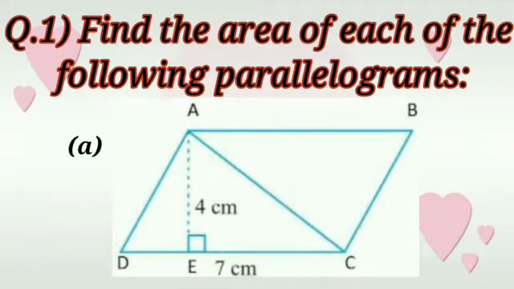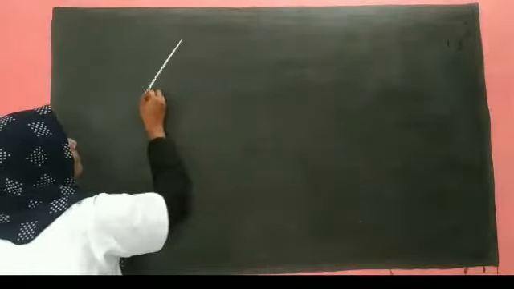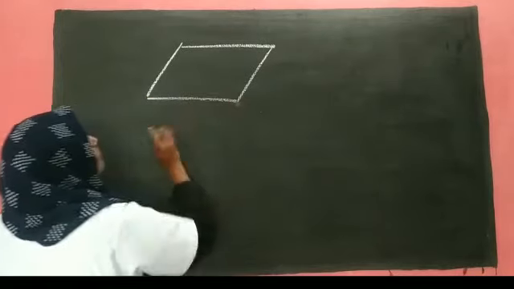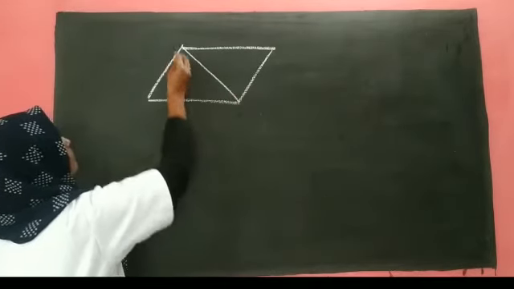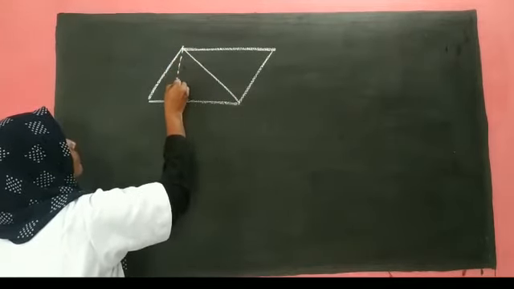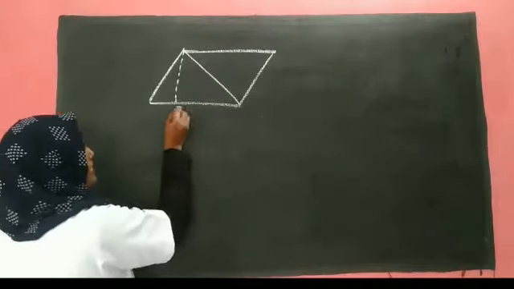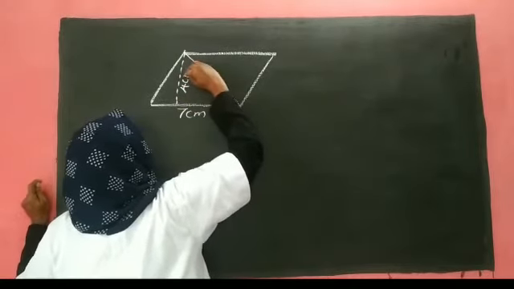Question number 1. Find the area of each of the following parallelograms. A. Here, a parallelogram is given. Then, base of the parallelogram is 7 cm, height is 4 cm.